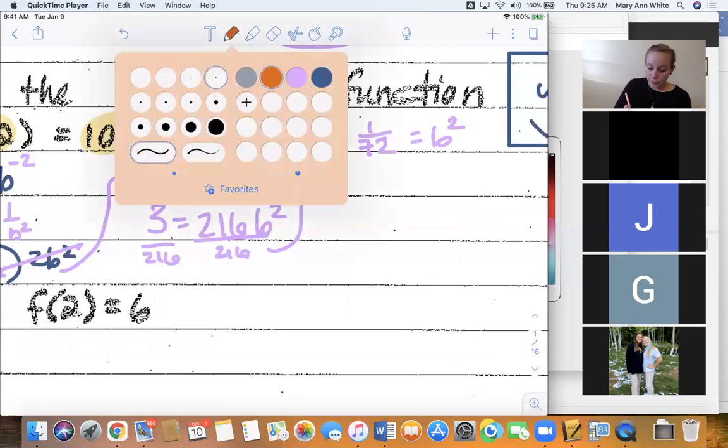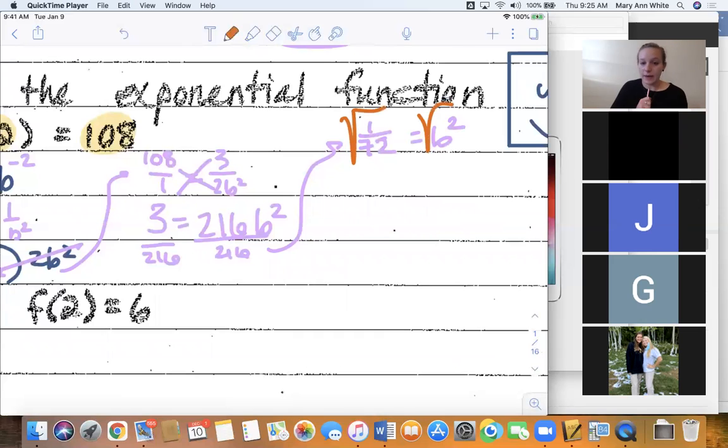We need to square root both sides of my equation to get rid of my square. Square root of 1/72. Well, that top one is a perfect square, so I'm going to leave it as just 1. But I do have a root 72 in the denominator. We're in pre-cal and we can't leave radicals in the denominator. We can't leave it unrationalized, so we need to do our work to get this rationalized.